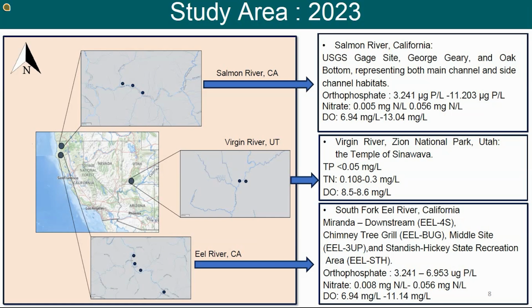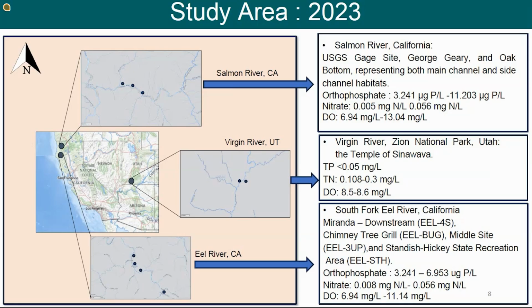We sampled 3 different locations at Salmon River, covering the side channel as well as the main channel. In the Virgin River in 2023, there was a very high flow in the main channel, and due to the extensive flushing, we couldn't see any benthic mats growing in the main channel.